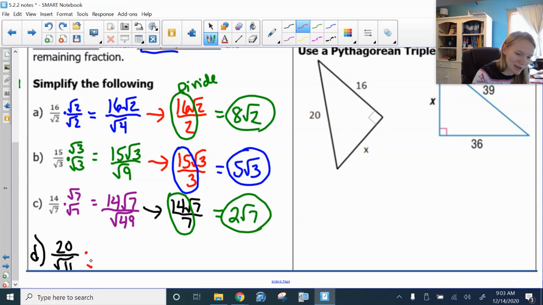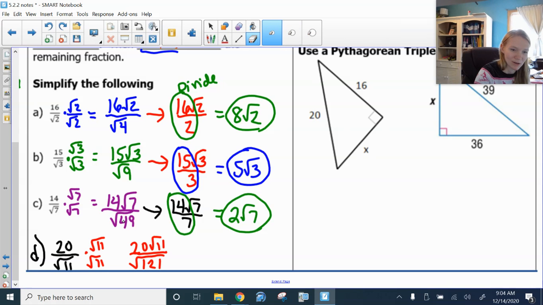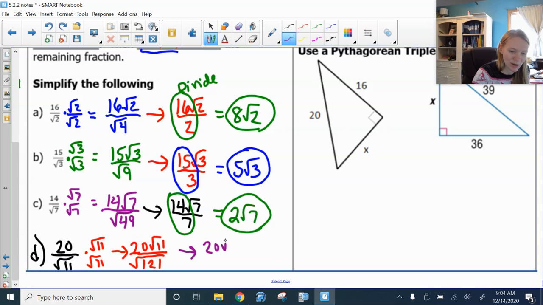So technically I would multiply by square root of 11 on top and bottom, which would make that 20 square root of 11 divided by square root of 121. So really that's 20 square root of 11 over 11.